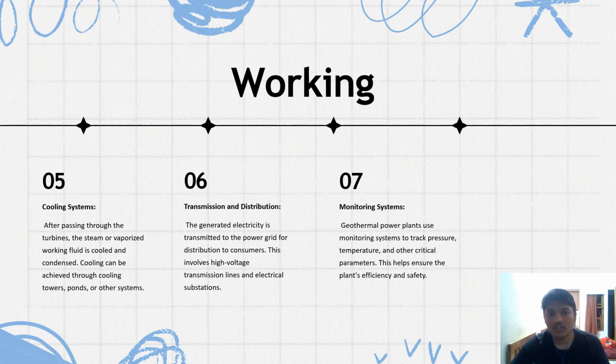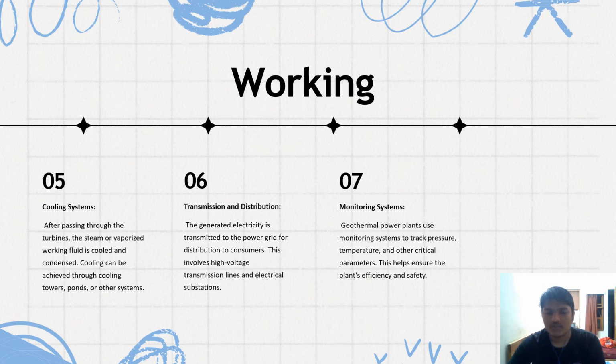After passing through the turbine, the steam or vaporized working fluid is cooled and condensed. Cooling can be achieved through cooling towers, ponds, or other systems. As we know, steam condenses and forms water. This water needs to be cooled and then transmitted to a safe place. So we also need to cool the hot water and the water that came from the steam, and this can be transmitted to the slab basin.